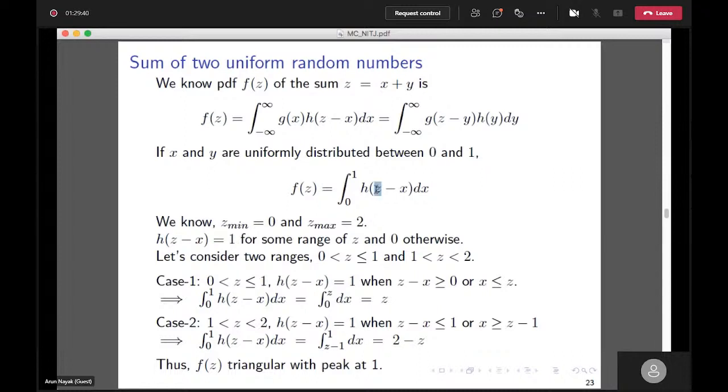As z goes from 0 to 2, we have to see what is the value of h. So h has to be 1 in some region and 0 in some region, because h is a PDF for y. So when z minus x is between 0 and 1, h will be 1. When z minus x is between 1 and 2, h will be 0. So let's consider when this will be 1.